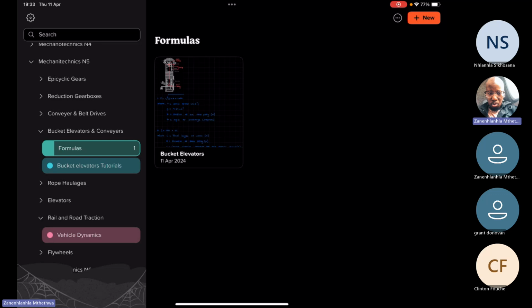So three of those modules can easily account for 60% in the exam. So module 3, conveyor belts, belt drives, module 4, bucket elevators, and module 5, ropologies. Those carry the most marks in the exam.